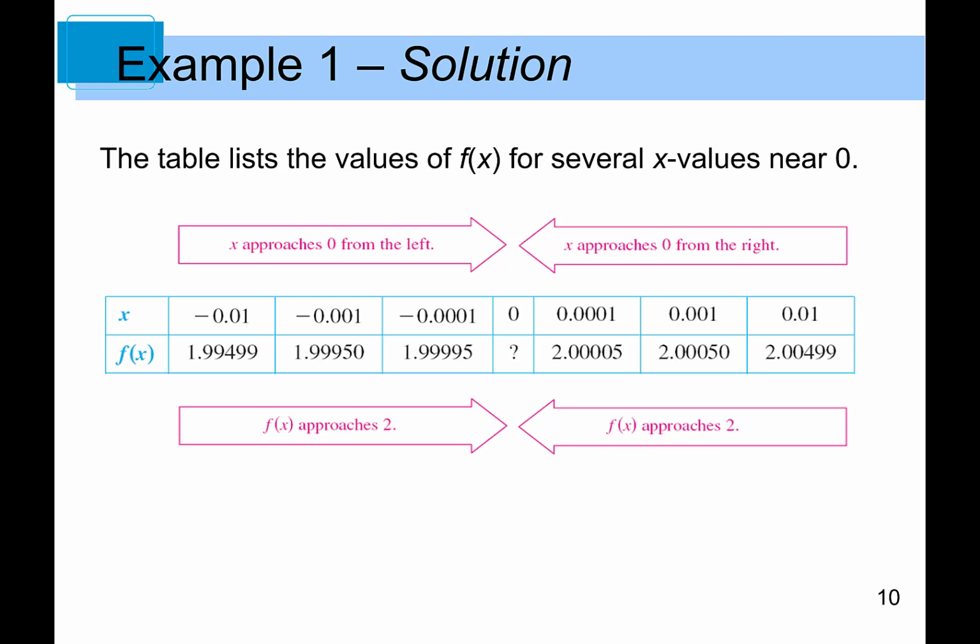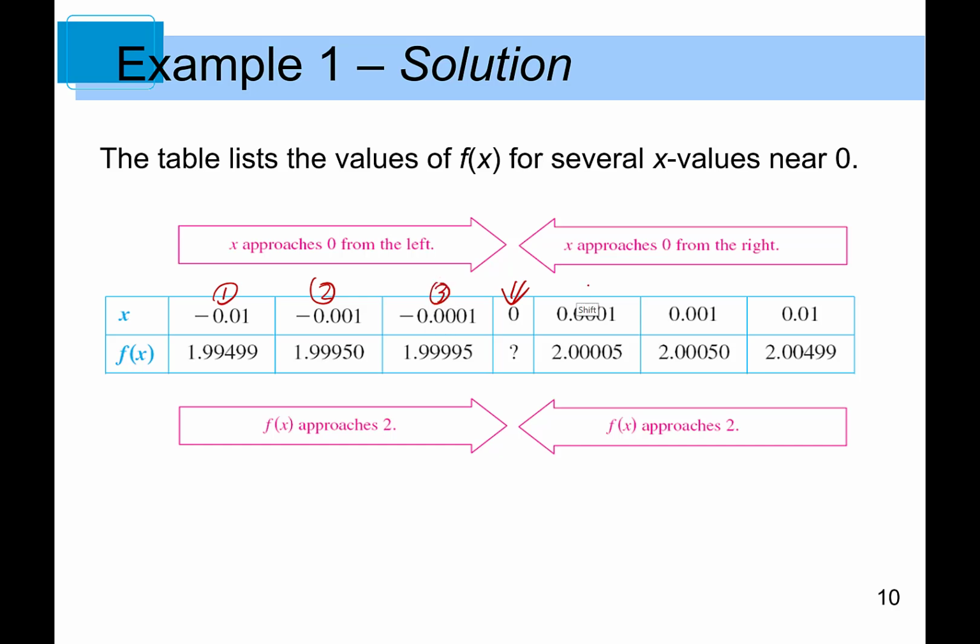Pick some values from the left-hand side of 0, starting with negative 0.01, then negative 0.001, and the third one is negative 0.0001, and 0. That's what we are looking for. And on the right we pick 0.0001, 0.001, and 0.01.